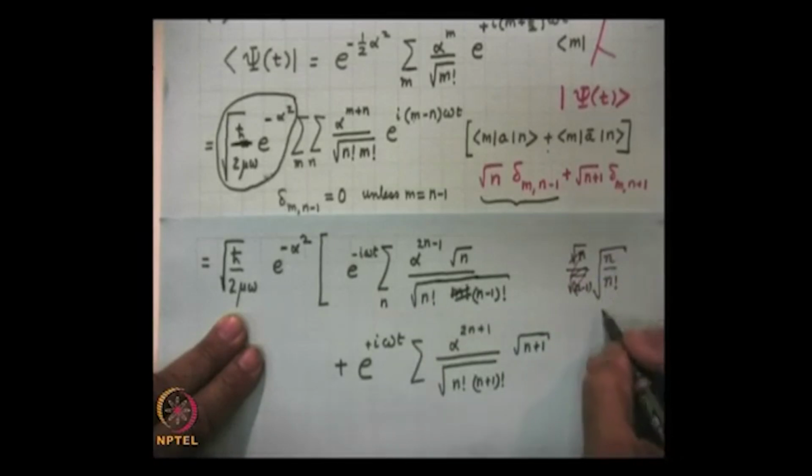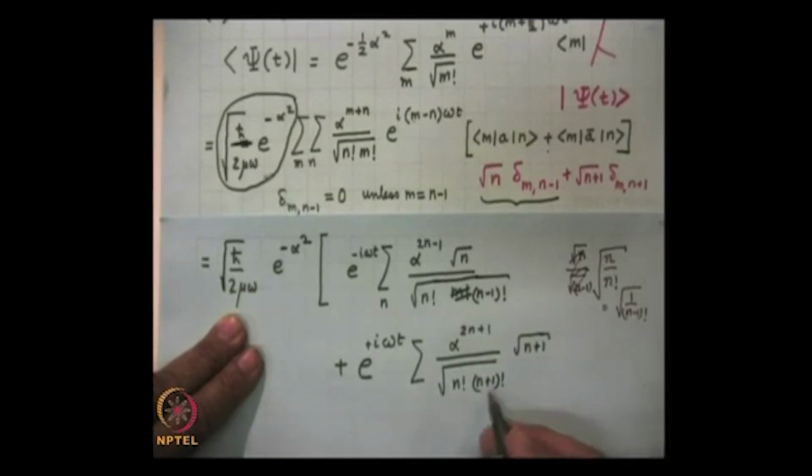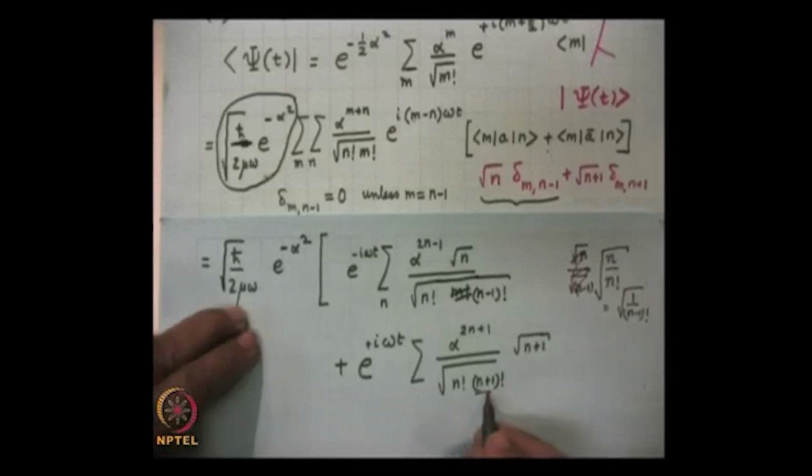So this is equal to 1 over n minus 1 factorial, because this is 1 into 2 into 3 into n minus 1 into n. So n cancels out, and this becomes n minus 1 factorial, and similarly this term will cancel out with this and will give you only n factorial.